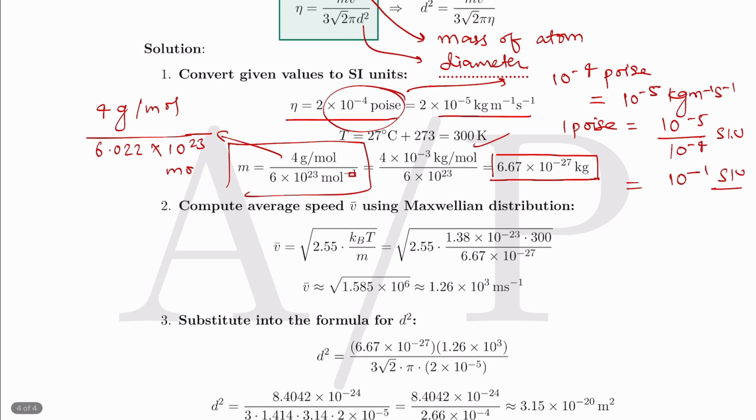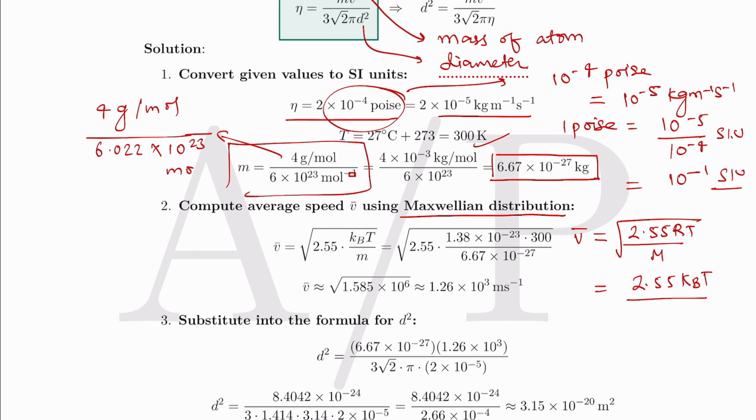Now you have the liberty to use the Maxwellian distribution by using the average speed, which is the square root of 2.55 RT by capital M, or the alternate formula, 2.55 KT by small m. So you know there is some relation between R, KB and Avogadro number.